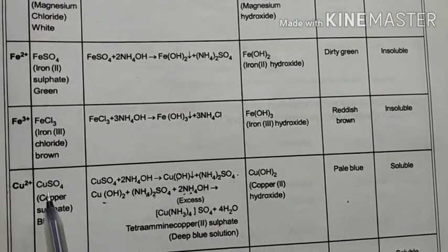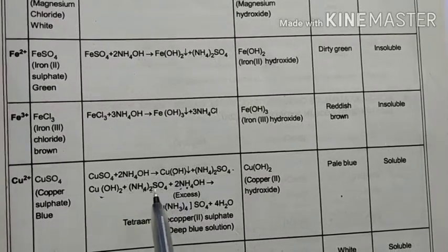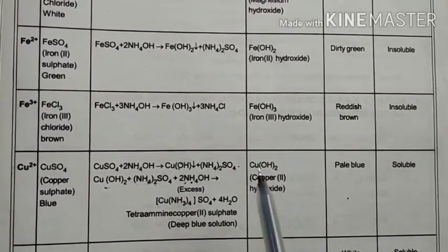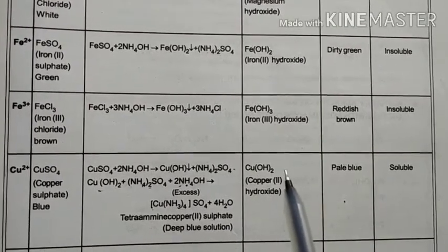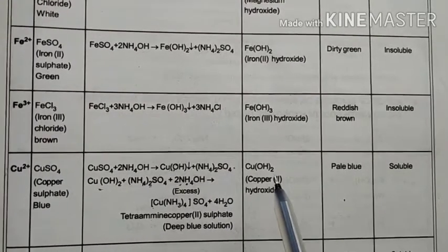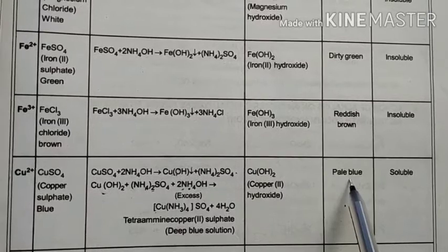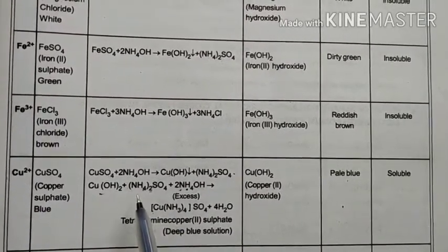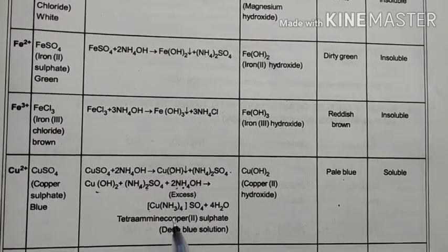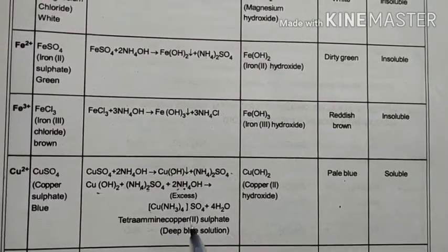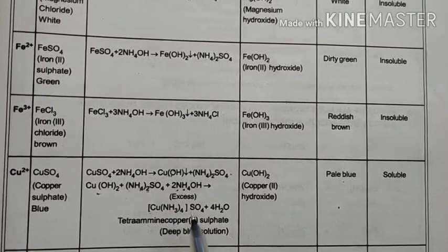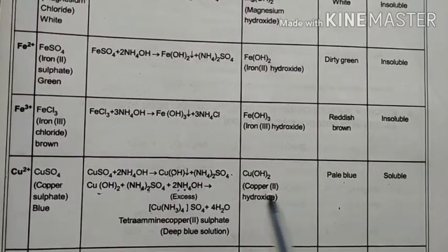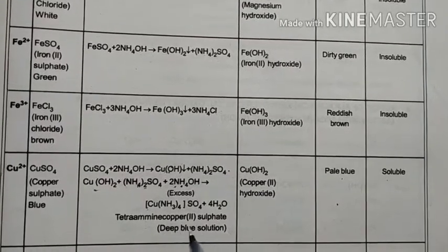In copper salt, this is very interesting. If we add a small amount of ammonium hydroxide, it forms copper hydroxide, which is pale blue in color, and an excess amount of ammonium hydroxide makes it soluble to form the compound tetraamine copper 2 sulfate. This is a complex salt, and it is soluble, and you can see the inky blue color formation.